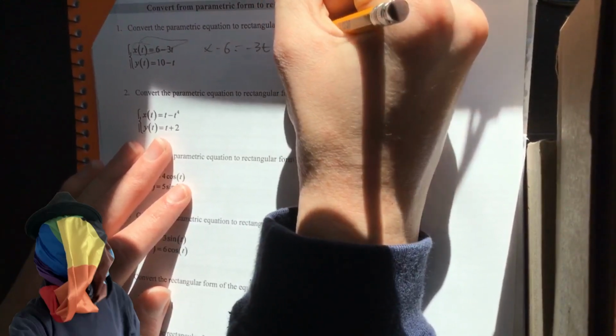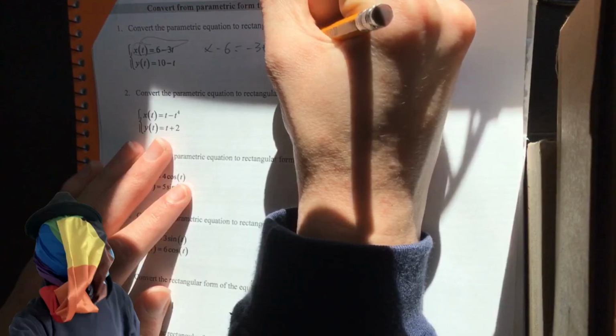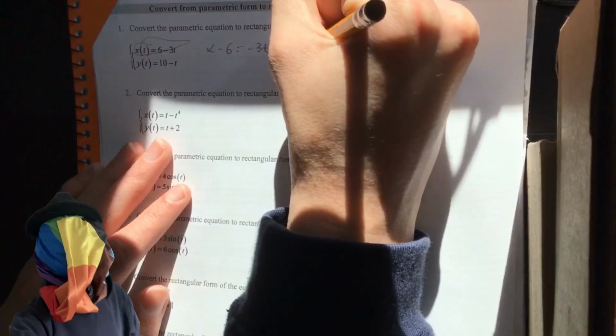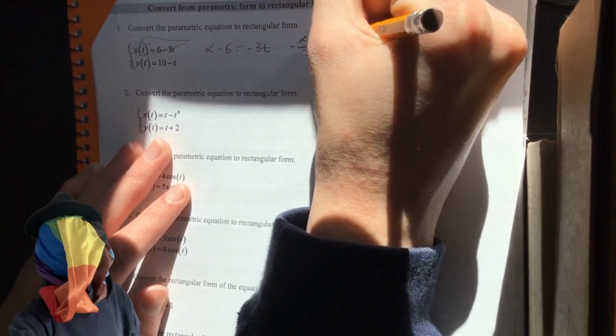Solve for this one. And we can do x minus 6 equals negative 3t. Negative x minus 6 over 3 equals t.